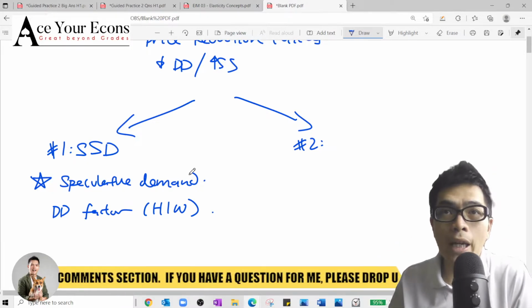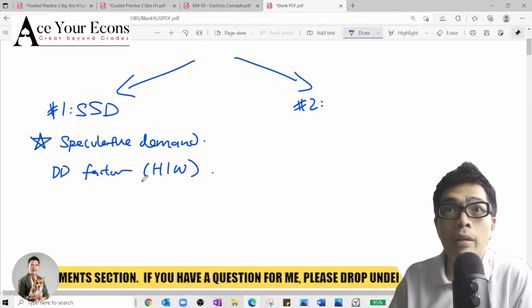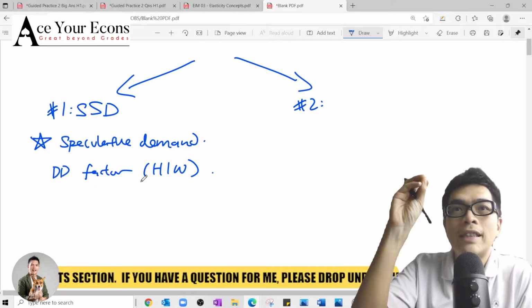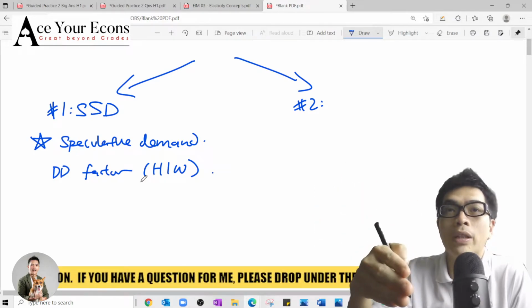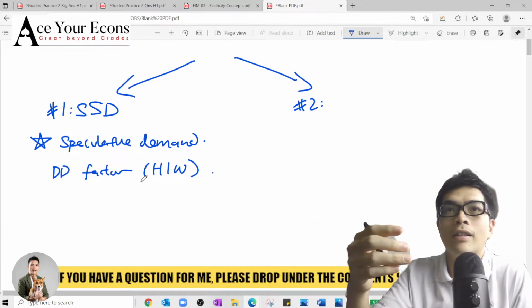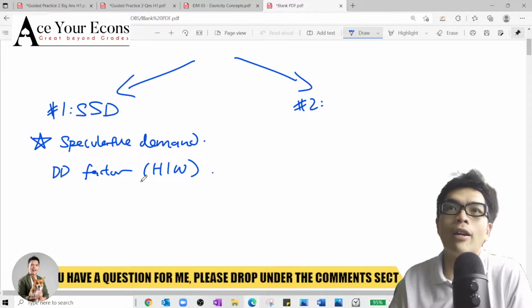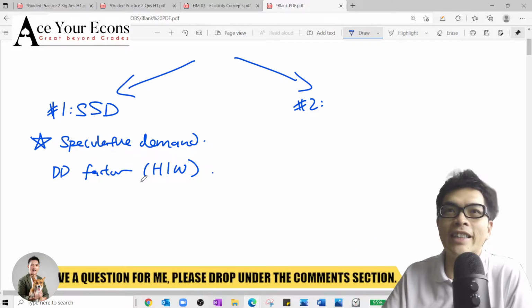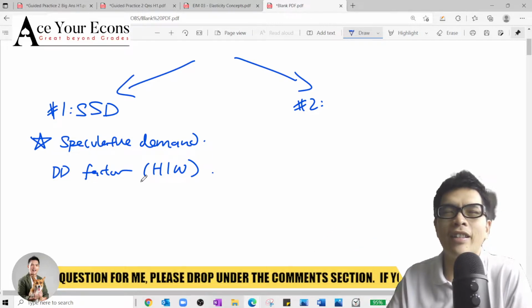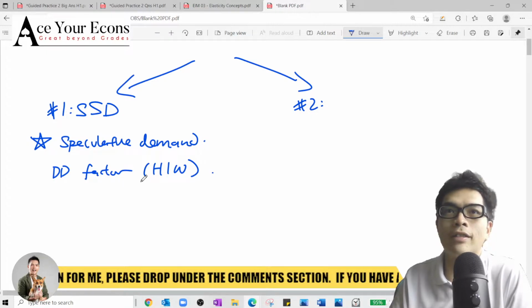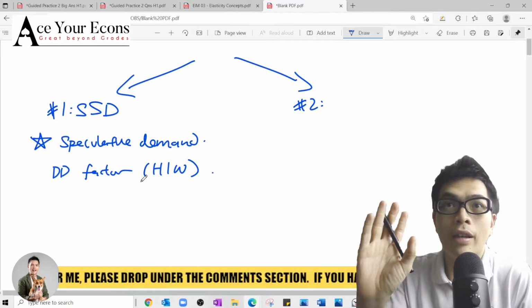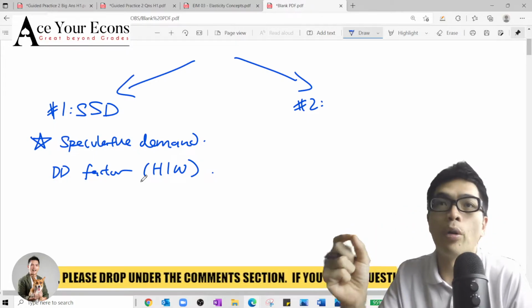But at the same time, I agree with Dylan. Why? Because existing buyers who bought the property earlier will be unwilling to sell, because if they sell, they're going to incur a tax. So this will result in unwillingness to sell because supply will fall. Then I agree, that is probably a good point.